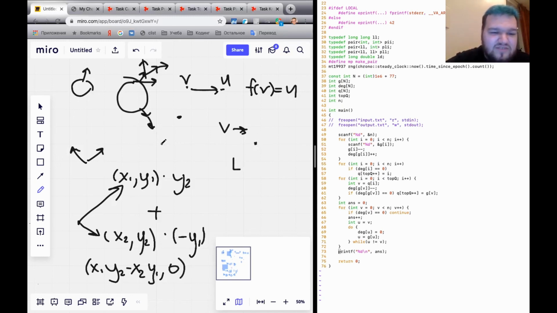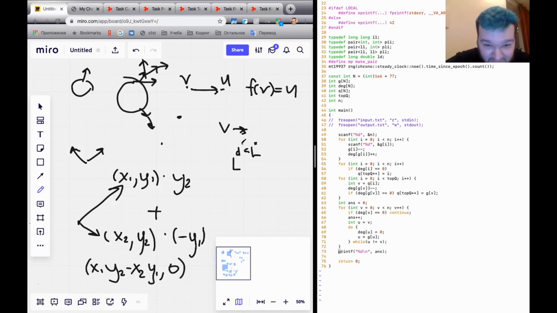If that happens, we can't move from this point to this point. But let's go to the closest point we can. This distance will be strictly less than L. Some distance d, which is strictly less than L.